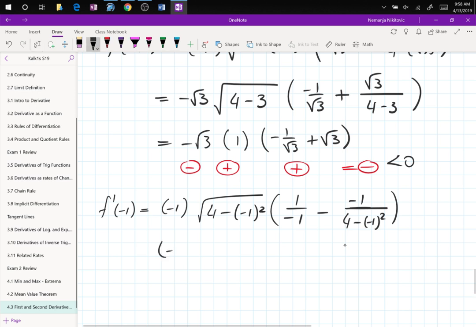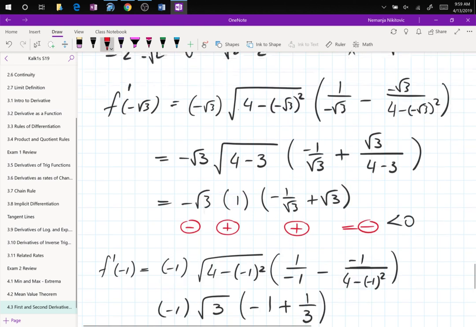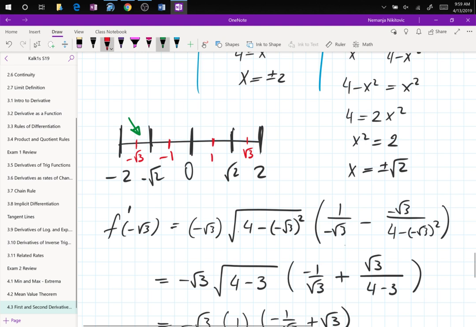So this is going to be negative 1 times root 3 times negative 1 plus 1/3. Again, I'm going to do sign analysis. I'm not calculating this. There's no reason. Negative times a positive times a negative is equal to a positive. So we have arrow up.